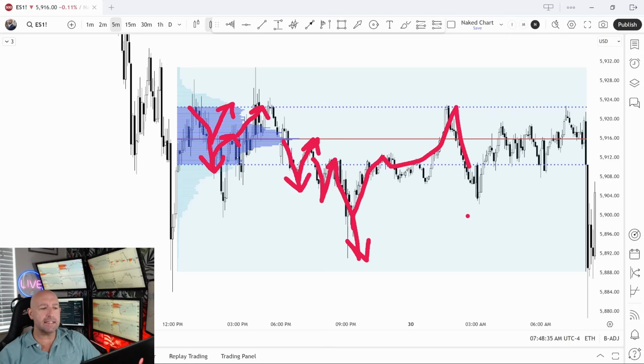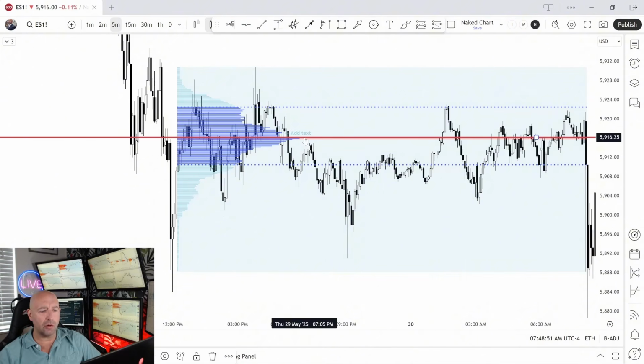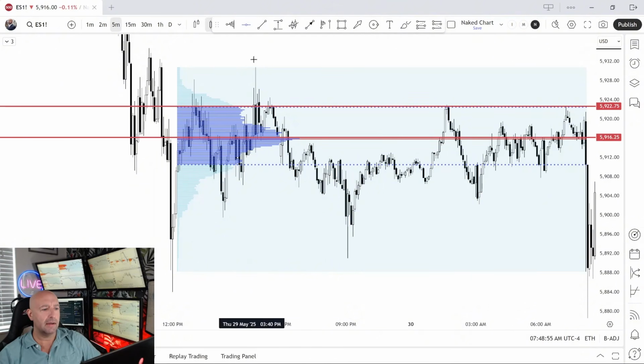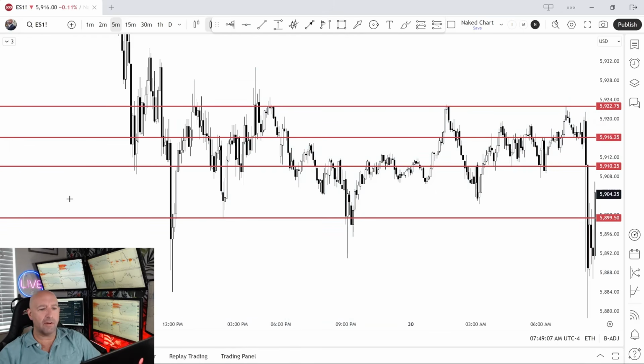So we can create these levels that are very important using much more price data than just the intraday chart. Here the point of control is very important, the value area high and the value area low. Thin volume area. And then once we remove, we have our levels.